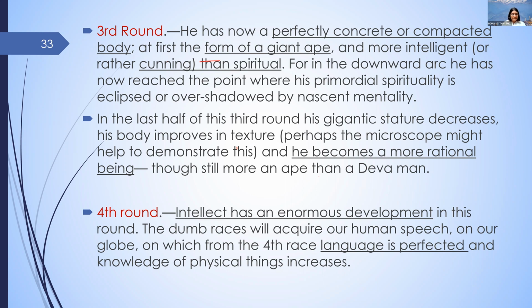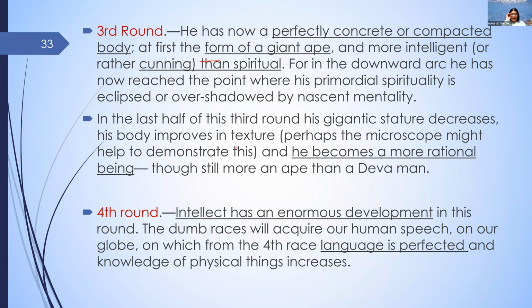So with the next round, his size is becoming smaller and the mind principle is maturing, making him more and more rational. He is becoming logical and analytical. So this is about the third round.